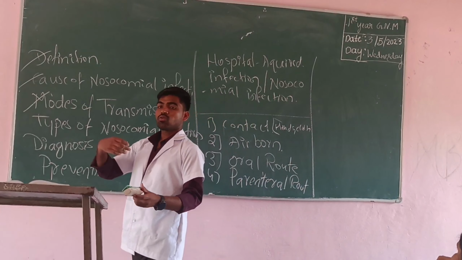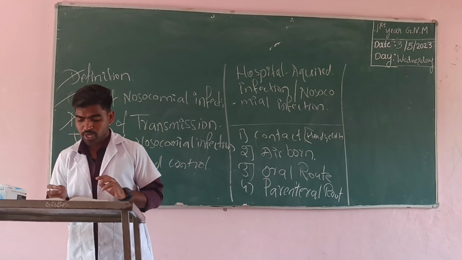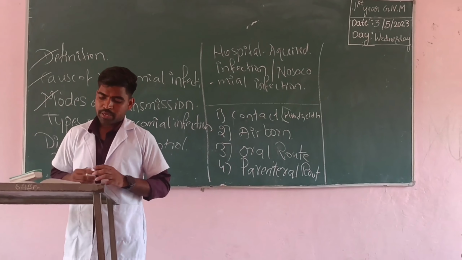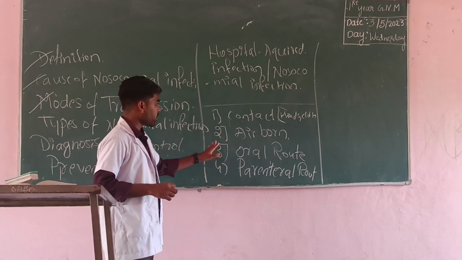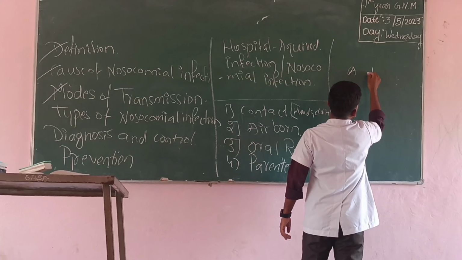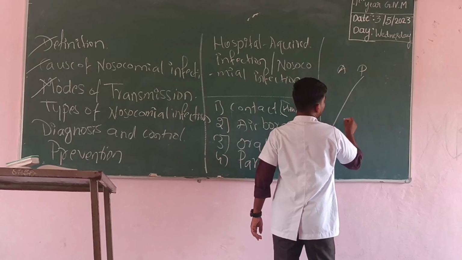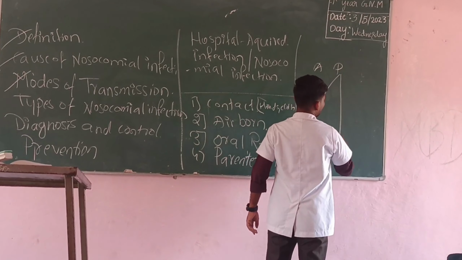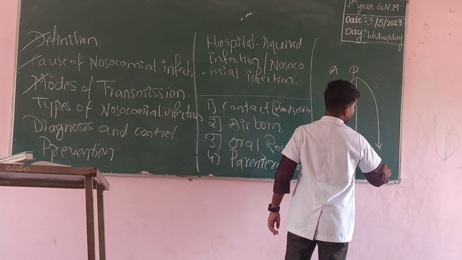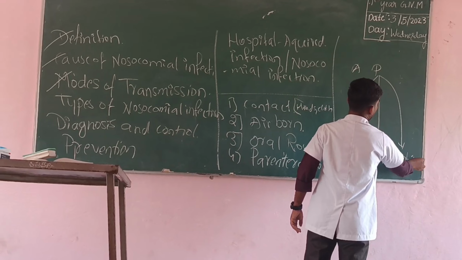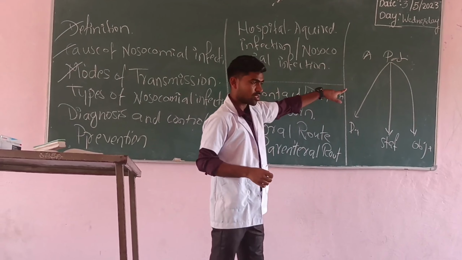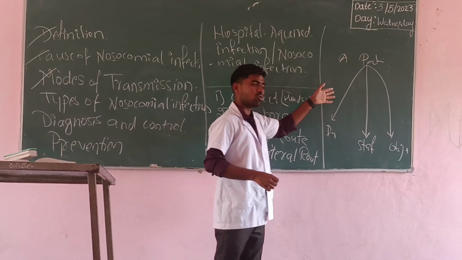Airborne is nothing but through the air. Write down airborne. Here again there is a patient, and he can transmit to another patient, to the staff, and transfer the infection to the object, the equipment. So first is the contact method, by hands or cloth.